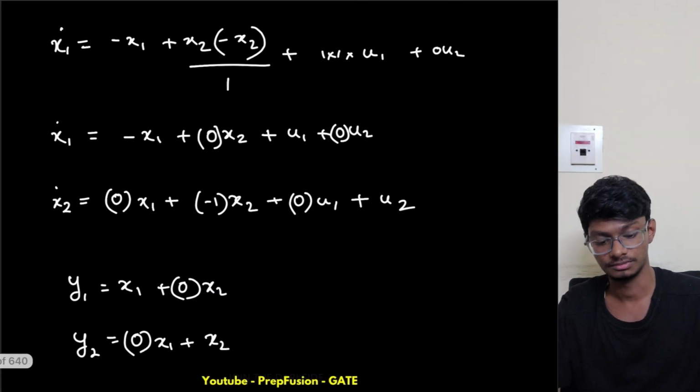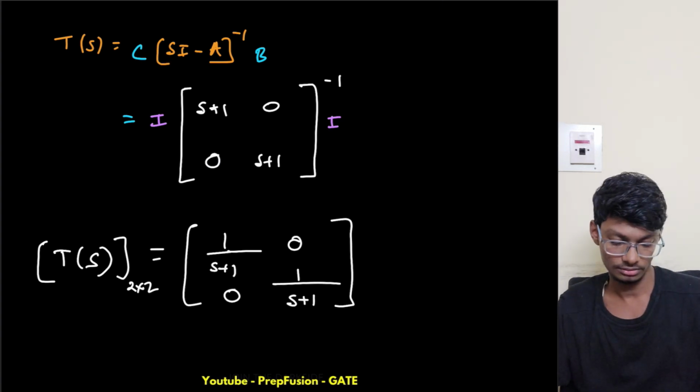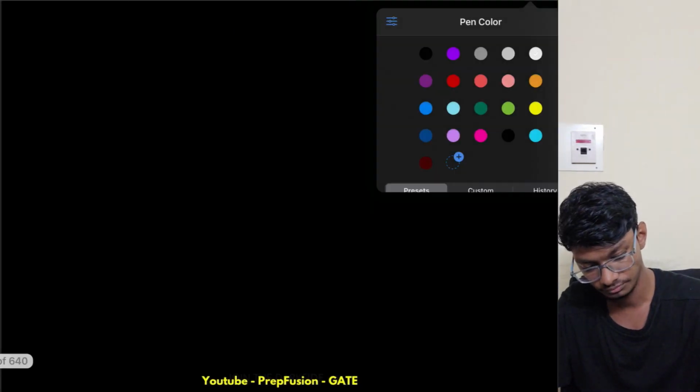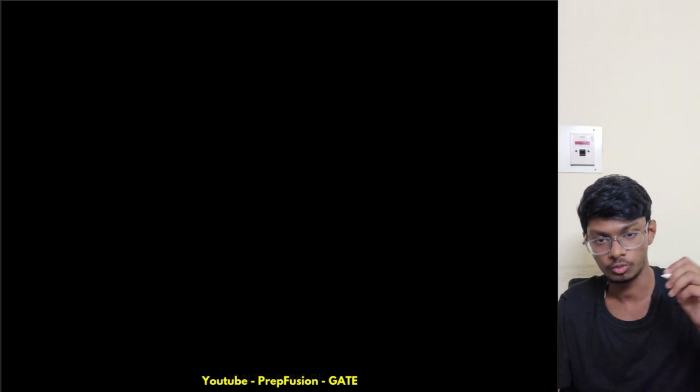Is there any other method? So another method we can use is the principle of superposition. I will find the output for one of the inputs while turning off the other input, then I will find the output again for the other input and turn off the first input.